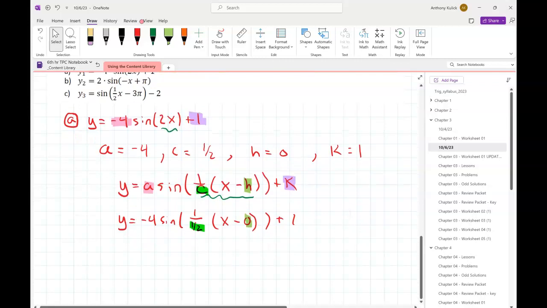Now, we talked about last time that the skill of being able to pull out the values for A, C, H, and K is critical to everything we're going to do in this chapter. Almost everything is going to rely on consistently and effectively getting the values for A, C, H, and K from a formula, from a graph, which we'll talk about later, or from a situation with limited information.